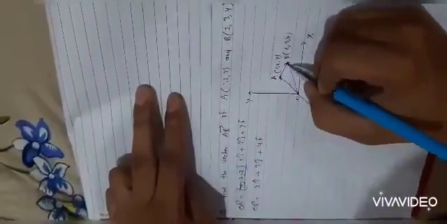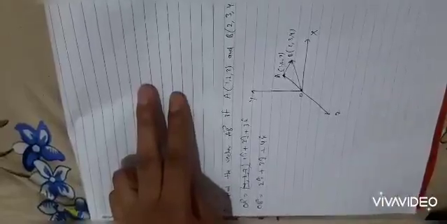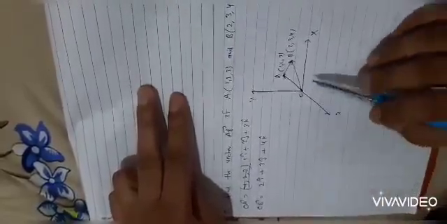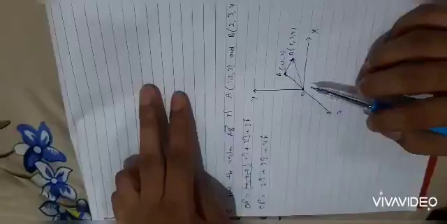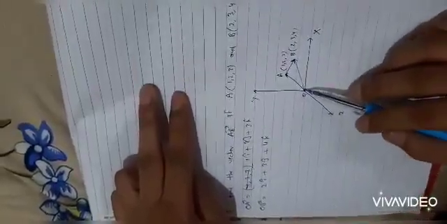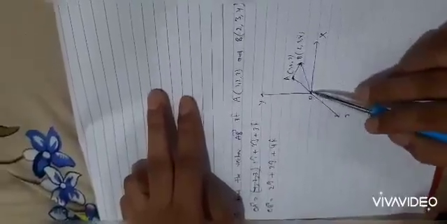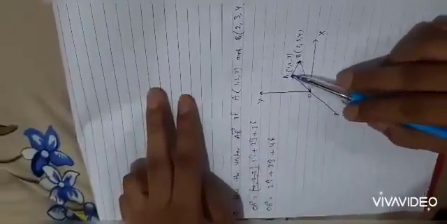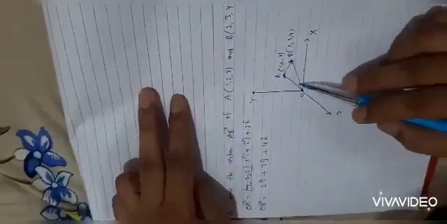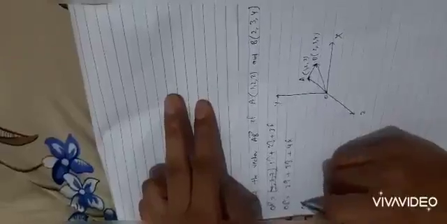So vector AB will be this, and now what we have learned through the triangle law of vector addition, that the resultant is the sum of the two vectors. So it is showing the direction OA to OB, so this will be its resultant.